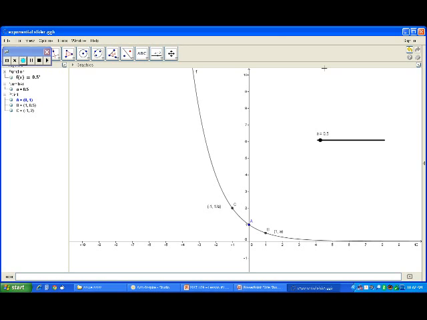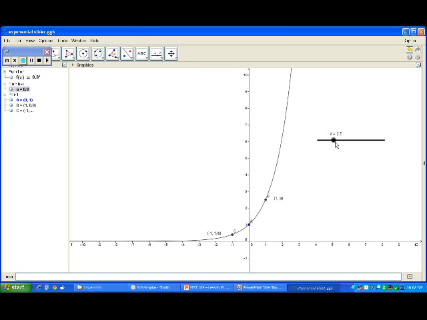So whether you have a base which is between 0 and 1 or a base that's greater than 1, you will always have this curve which approaches the x-axis on one side or the other. If the base is a fraction, the asymptote is approached on the right side. If it's greater than 1, it's approached on the left side. But it will always go through the points 0, 1, 1, a, and minus 1, 1 over a.